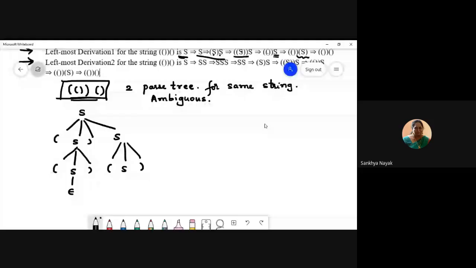Finally, this becomes epsilon. So what do I have now? You can see open, then I have another open, closed, another closed, and open, and a closed, right?